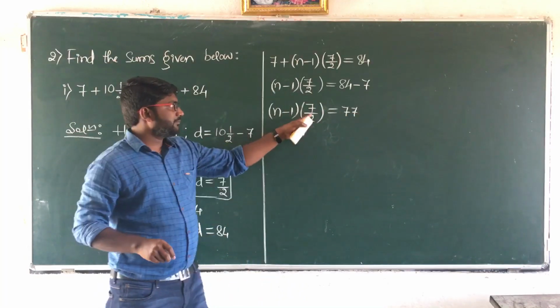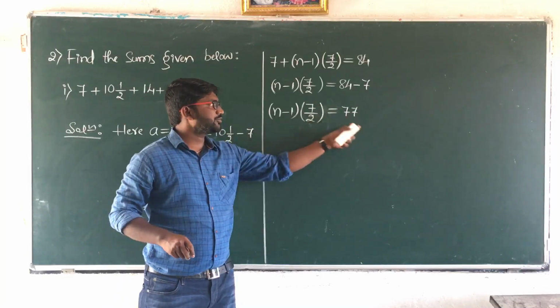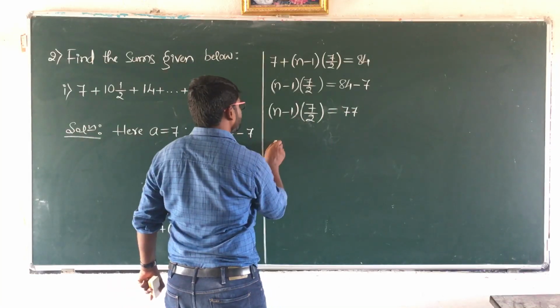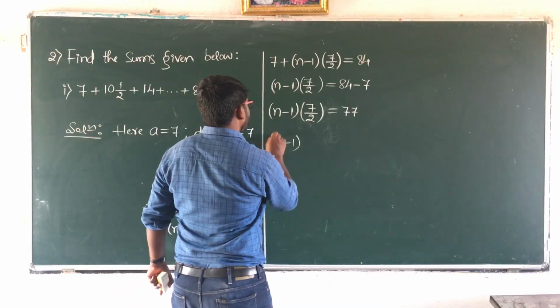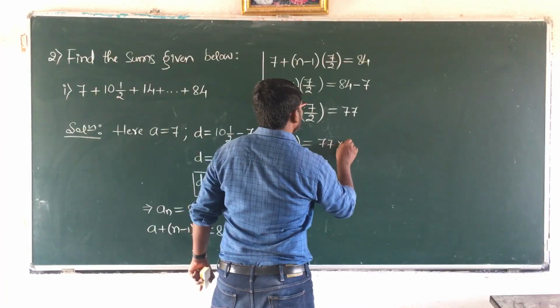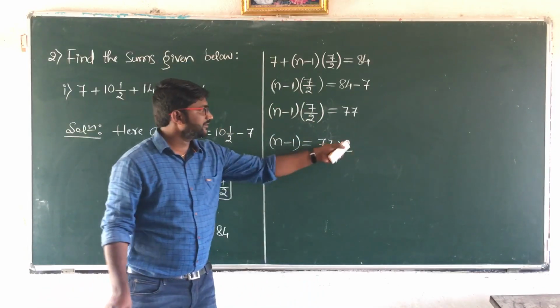Now you take 7 by 2 to the RHS, 2 goes to the numerator and 7 goes to the denominator. Here it is multiplication, take it to the RHS, it becomes division. So n minus 1 is equal to 77 into 2 divided by 7.